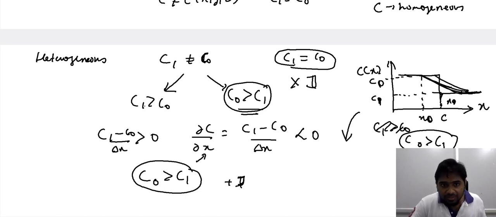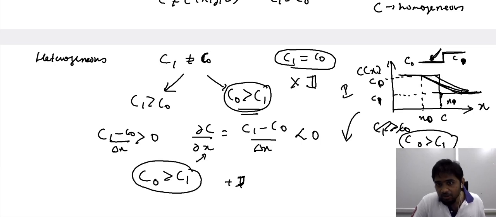When you consider C1 being greater, and you consider the C0 this way, when compared to this direction, the flux now will be in this direction, because the C1 will now have a greater concentration when compared to that of the C0.